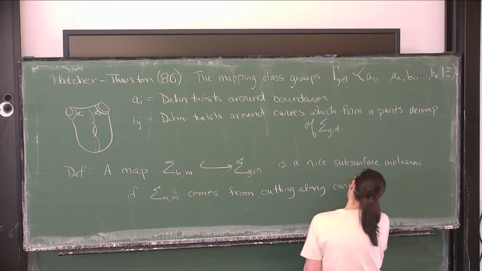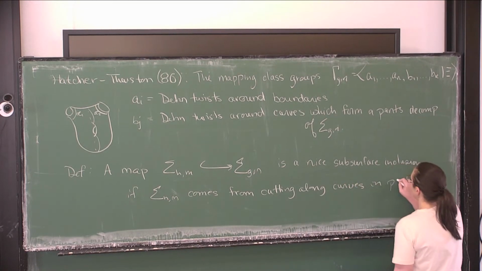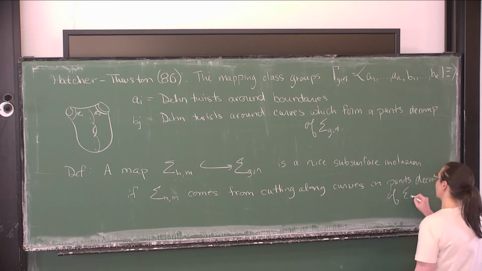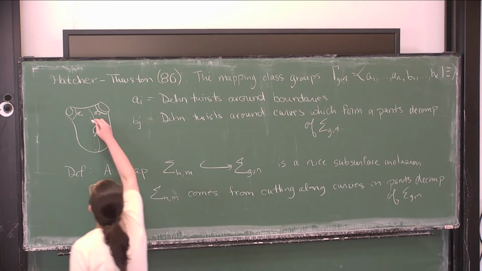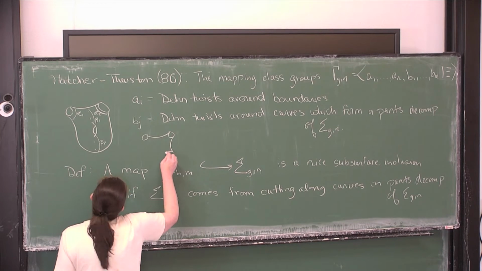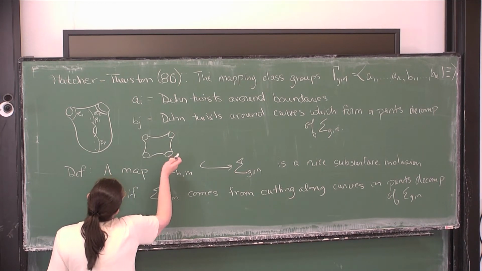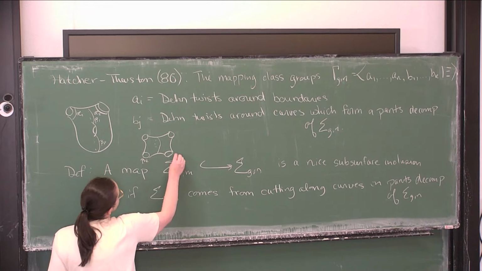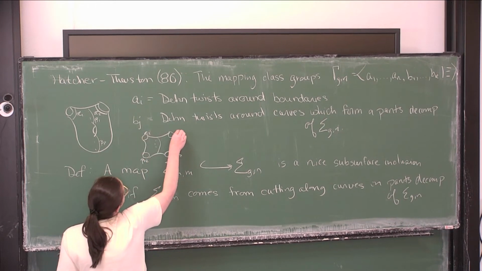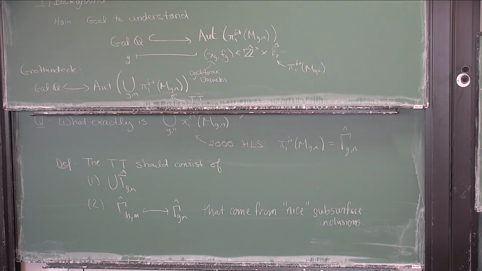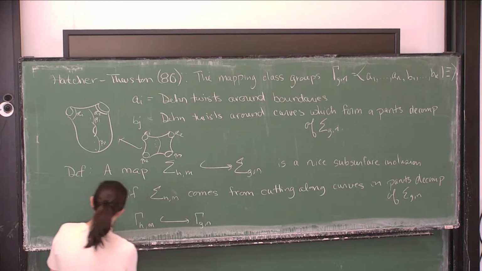I find beta 1 and beta 2, and for example if I cut along beta 2 here, that's a nice subsurface inclusion, and it induces a map on mapping class groups.